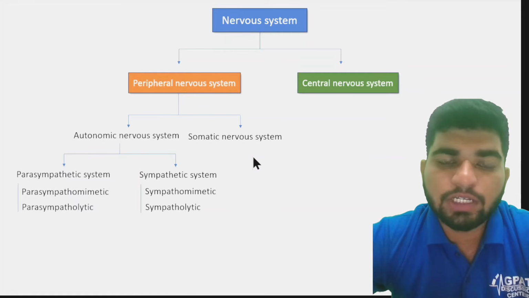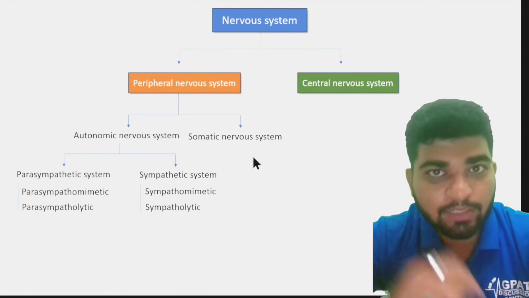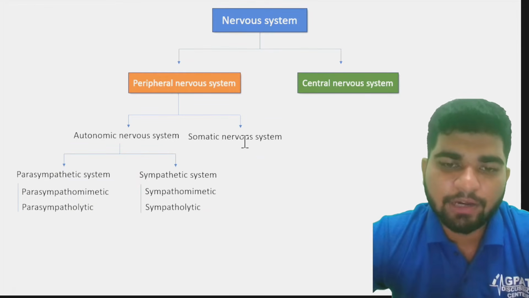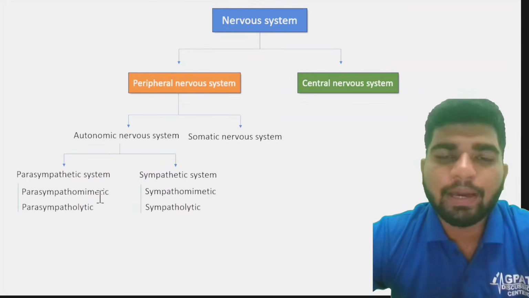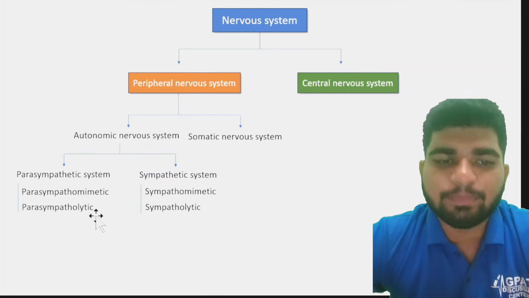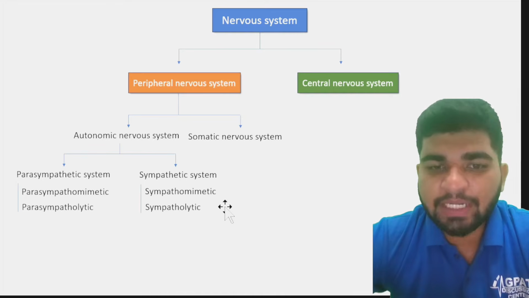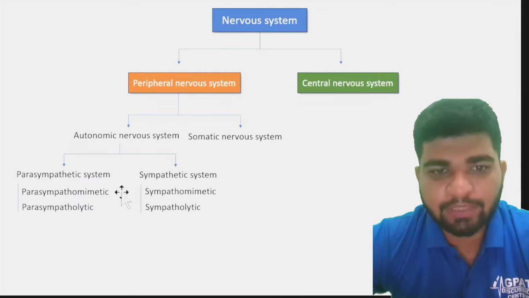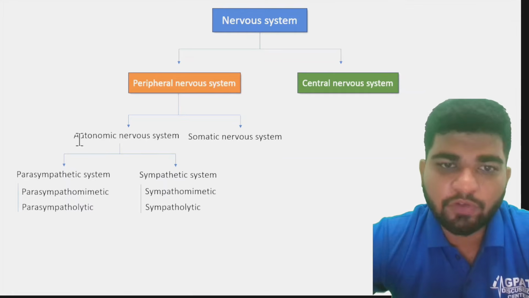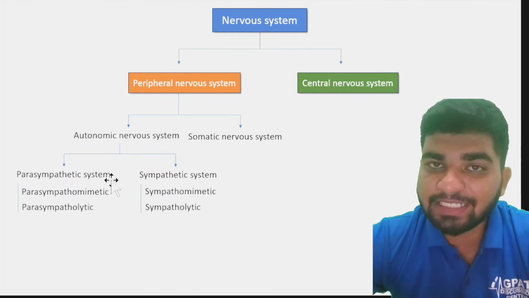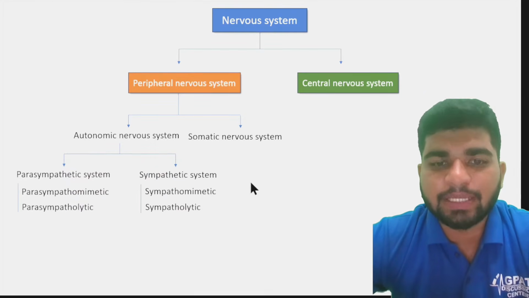We're not going to learn too much about the somatic nervous system here because it has a separate chapter, which we will learn after some time. But in this topic, we need to learn what is parasympathomimetic, parasympatholytic, sympathomimetic, and sympatholytic. These are the two parts of the autonomic system. The first one is the parasympathetic system and the second one is the sympathetic system.